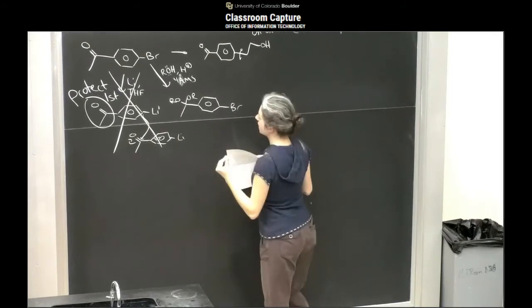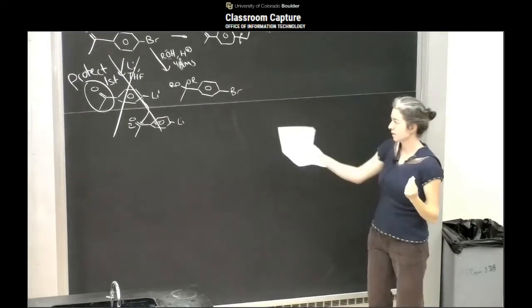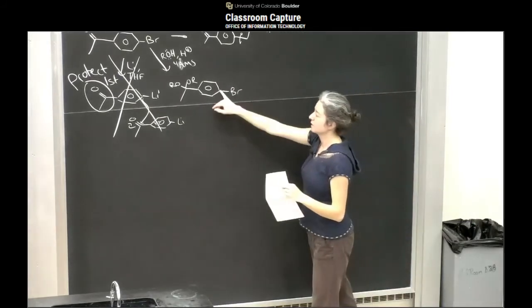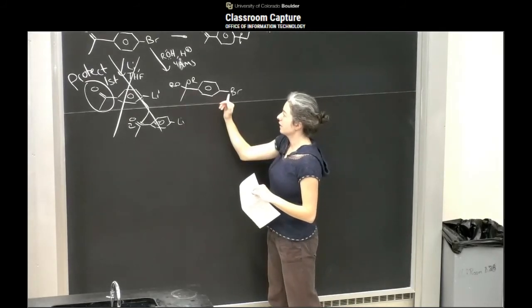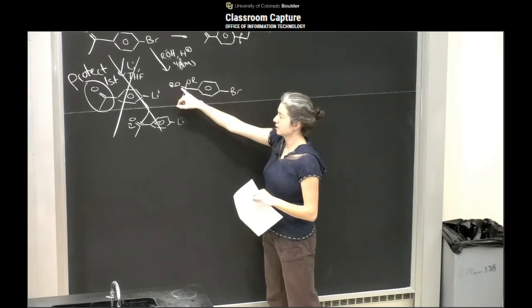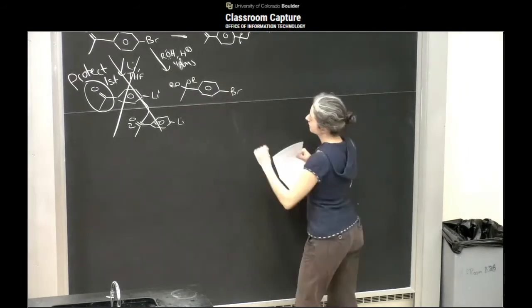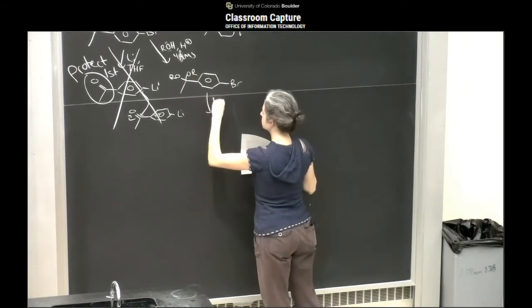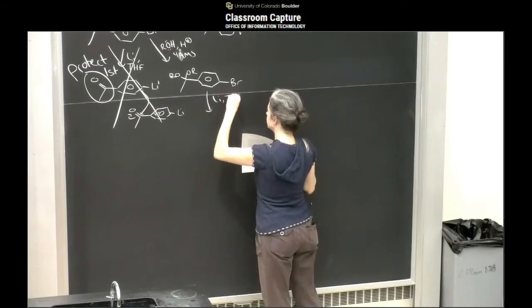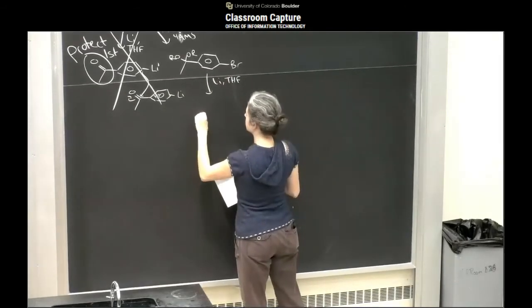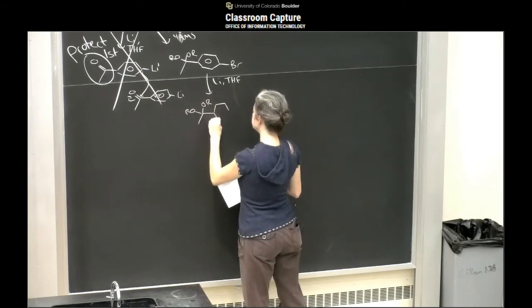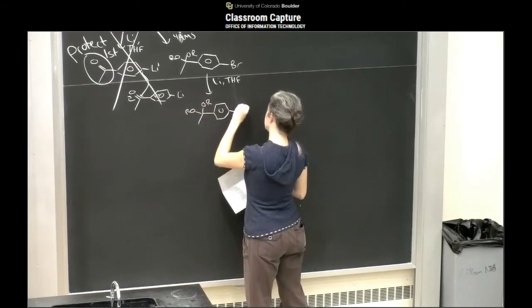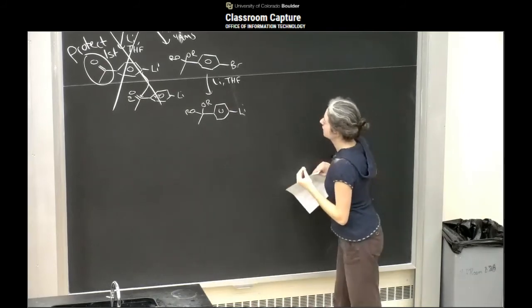All right, now we are safe to make our organolithium because none of the organometallics that we've looked at will actually go after acetals at all. Okay, so we have our organolithium here.